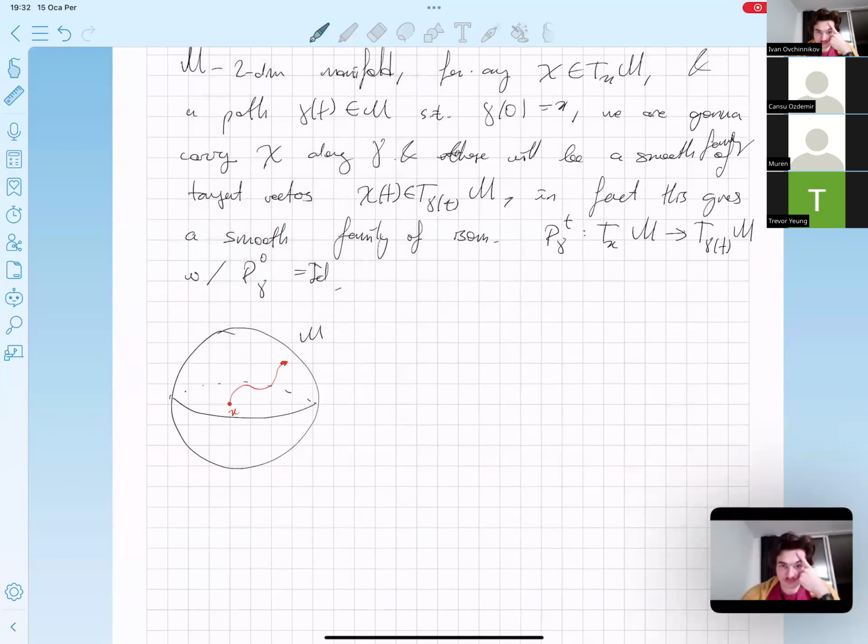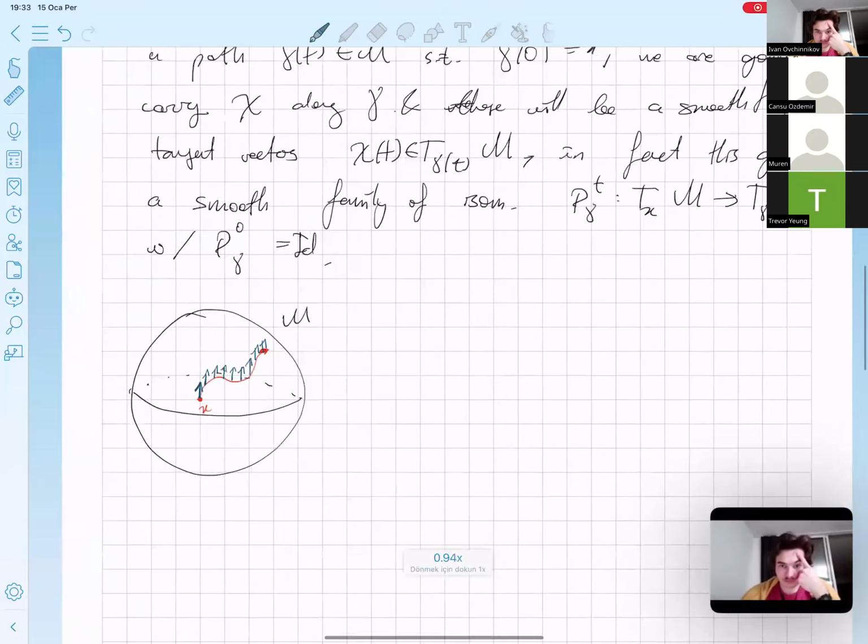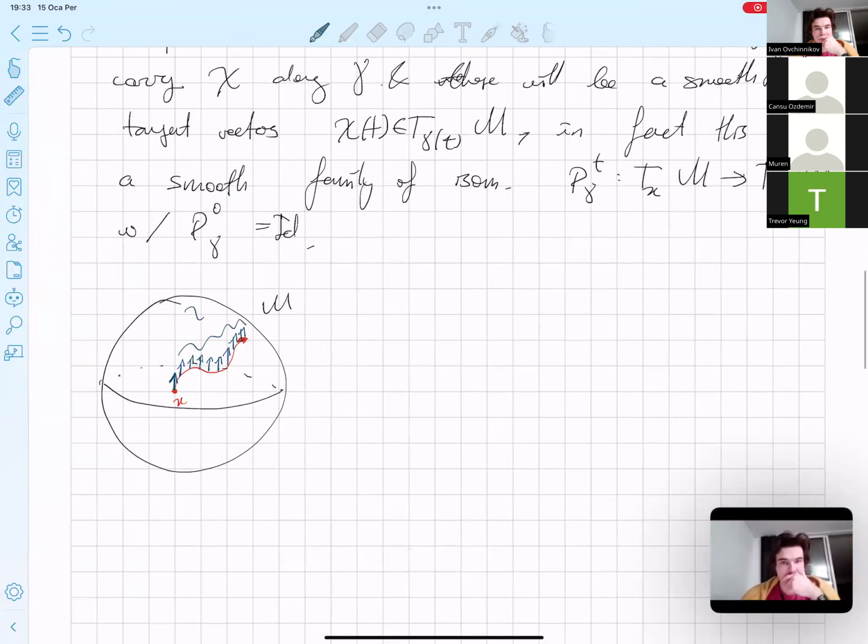And we have this X like this. What we do is we just carry it. Literally carry it. But we want all of them to be parallel to each other. So we're calling these guys X_t.